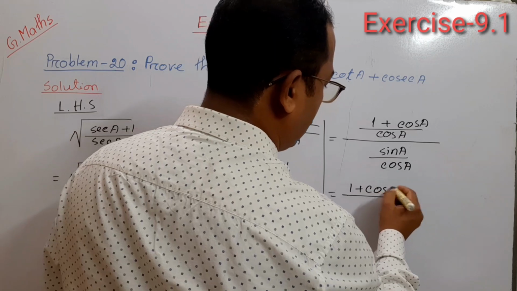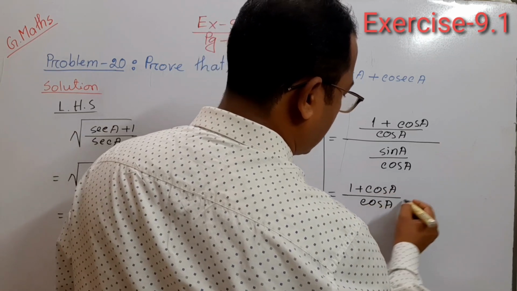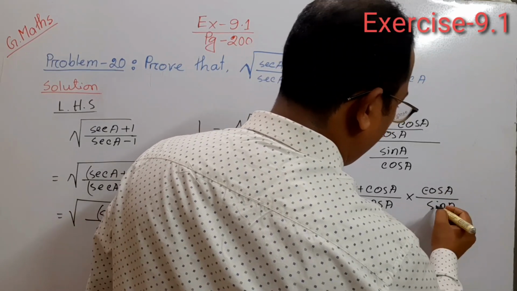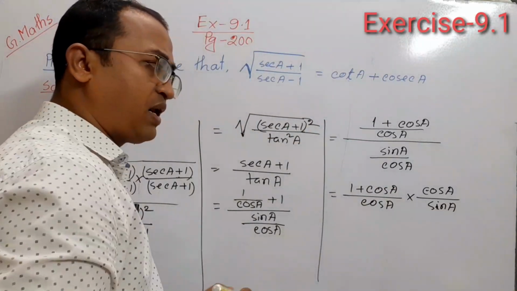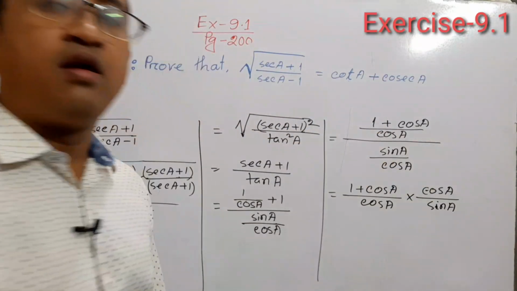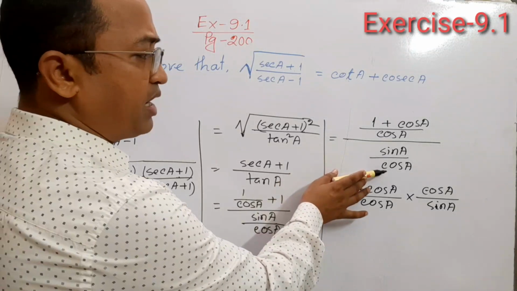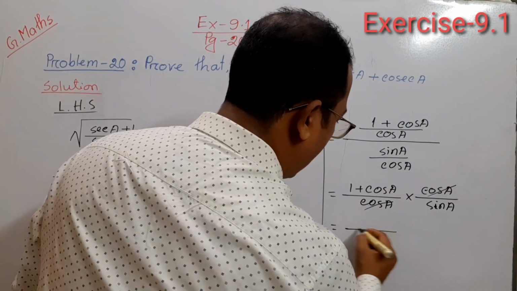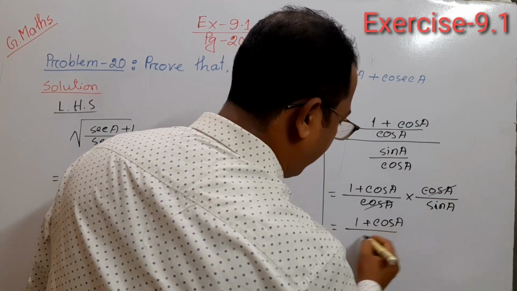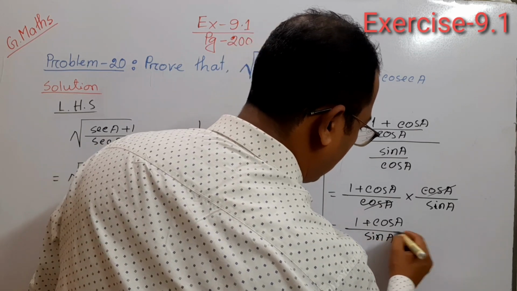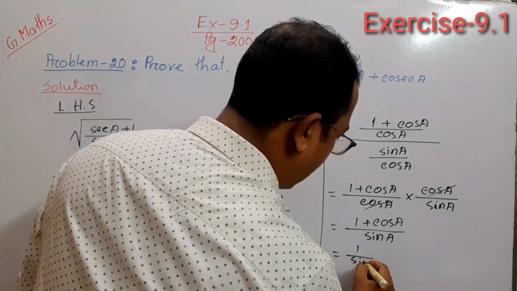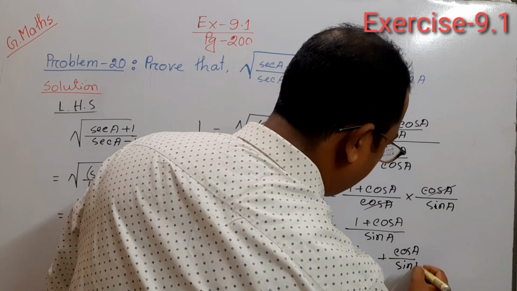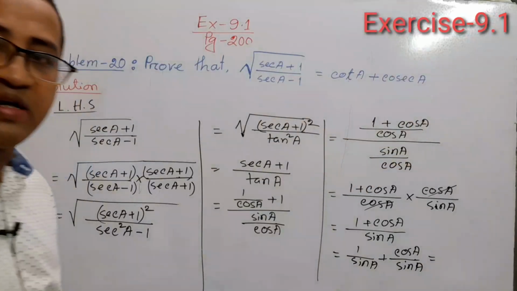So 1 plus cos A by cos A into cos A by sin A. When we give the multiplication sign, the denominator must be reciprocal, that is sin A by cos A becomes cos A by sin A. So cos A we cancel, and 1 by cos A, that is by sin A. We can write it like this: 1 by sin A plus cos A by sin A. So what does it become?